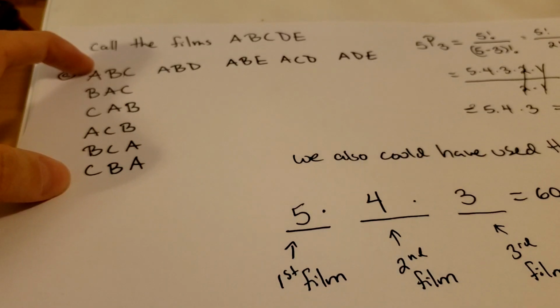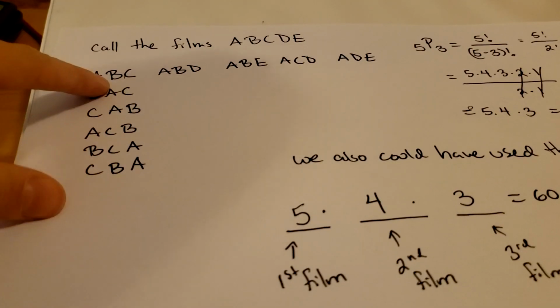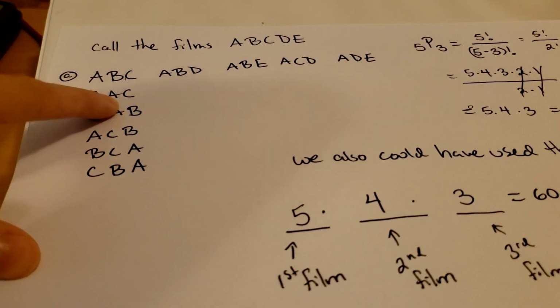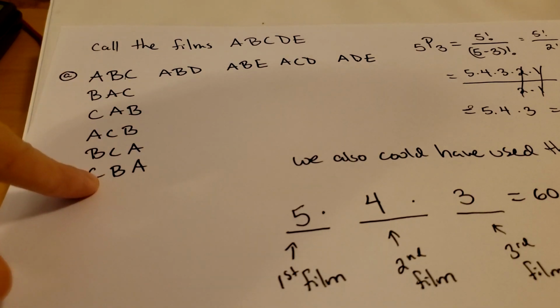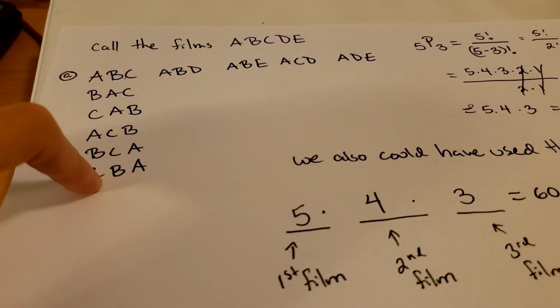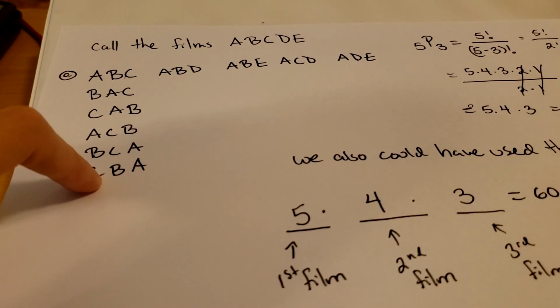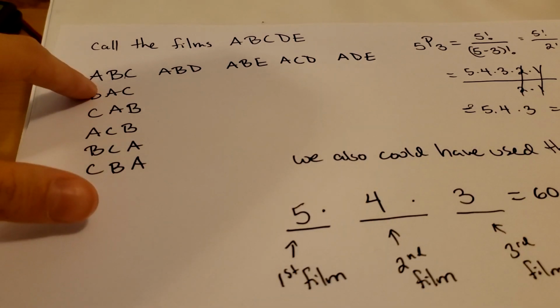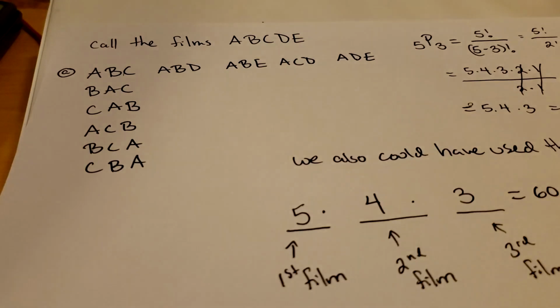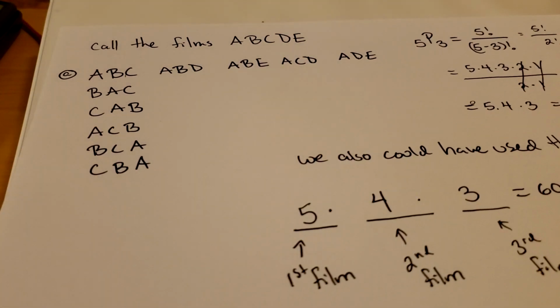If we were looking at a combination, all of these things are repetitions of each other. Right? We don't care what order they're in, we just care who's in what group. So you're going to always have fewer answers for a combination than you are for a permutation. And if we wanted to try and write out all possible groupings by hand, that might be something that we could actually do. But we have a formula, so we can solve it that way.